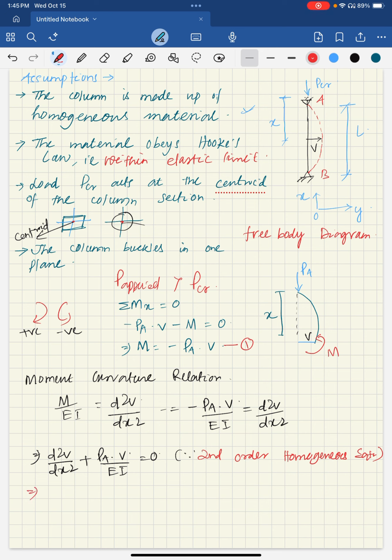Because this is in the form of y double dash plus b y dash plus cy is equal to 0. This is the expression of how the second order homogeneous equation looks. So here in this case, a is equal to 1, b is equal to 0, and c is equal to P by EI, if we do the similarity check between this expression and this expression.